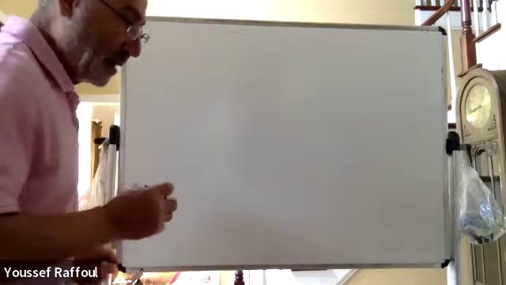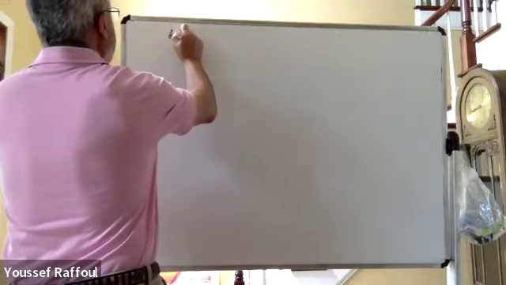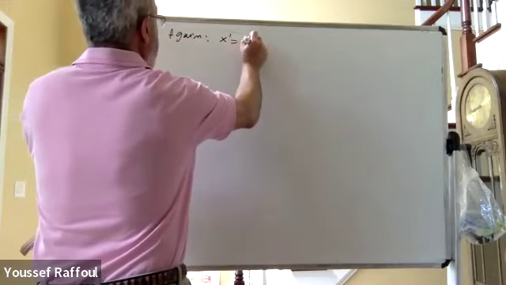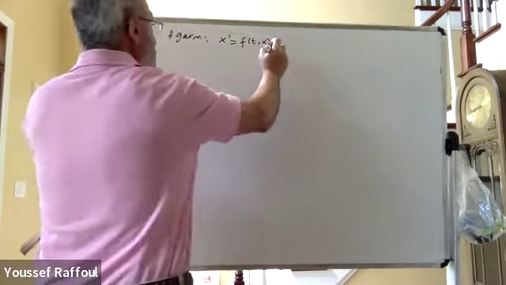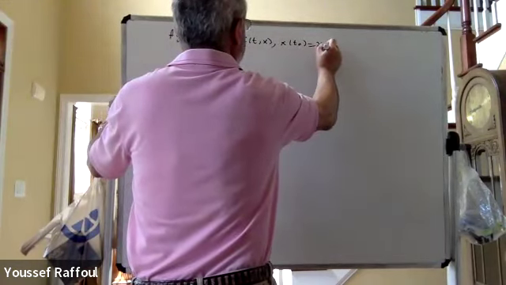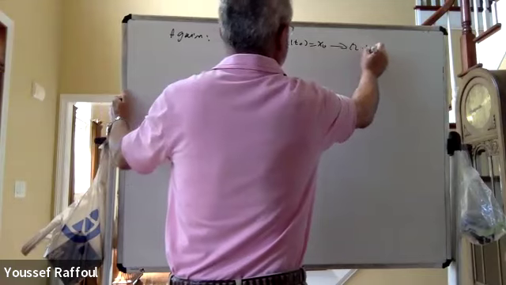All right. So again, we're looking at x prime equal f of t, x with x of t naught equal x naught, 2.1.